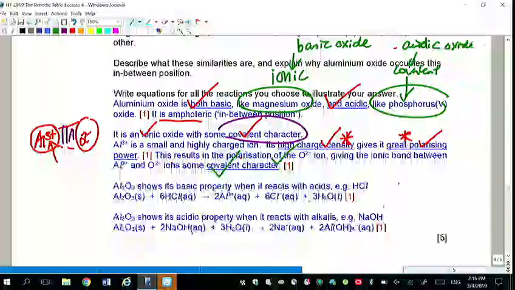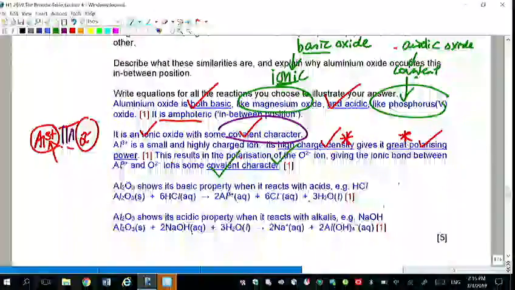So if you have both ionic and covalent, you have the best of both worlds. You can act as a base, you can act as an acid. It is what we call amphoteric.